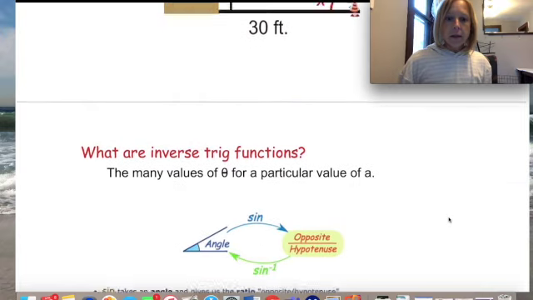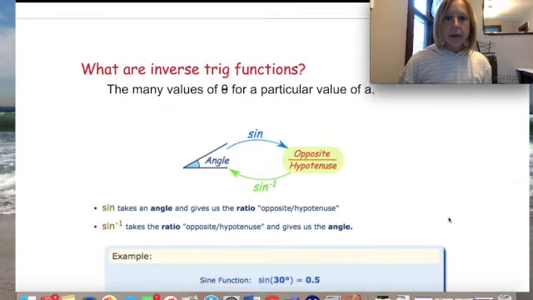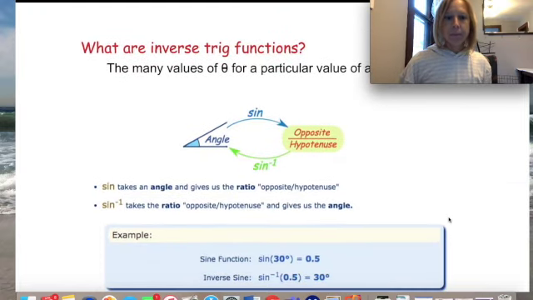This is called an inverse because instead of the sine function taking in the angle and giving out a ratio, we're going to use the inverse of the function to put in the ratio and get out the angle measurement.